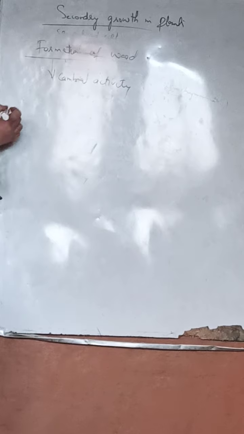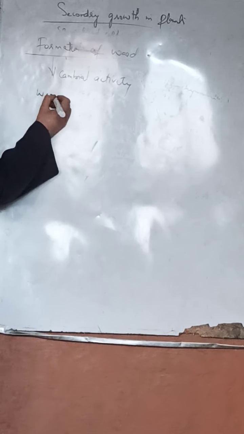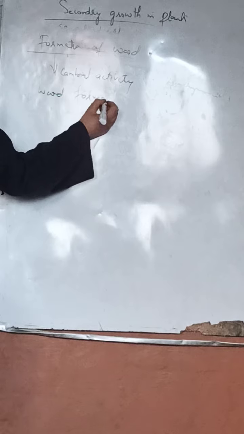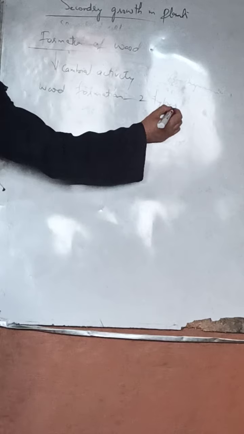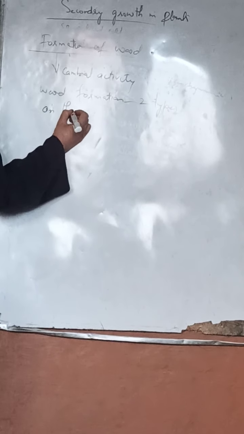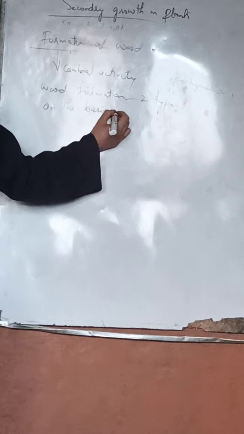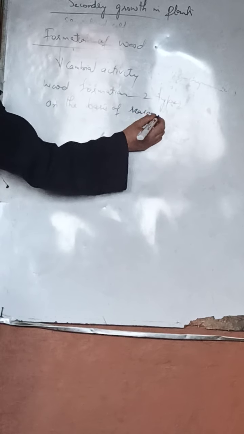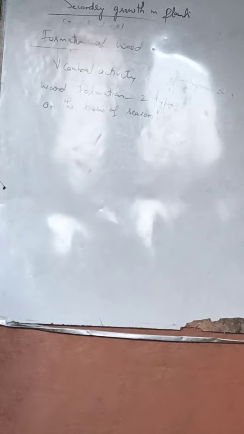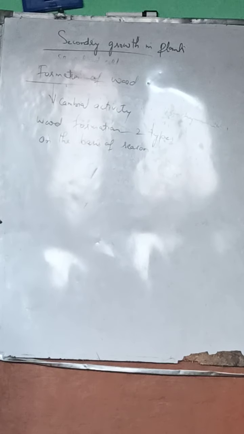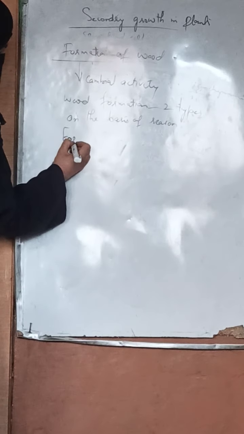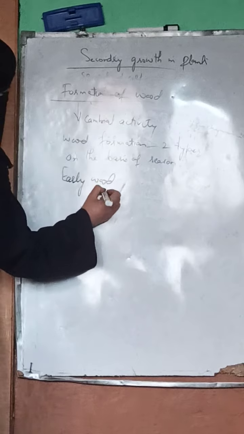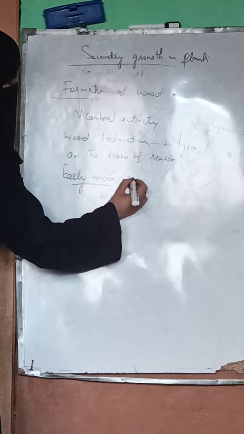So on the basis of seasons, wood formation is of two types. First one is called early wood, which we can say is spring wood.